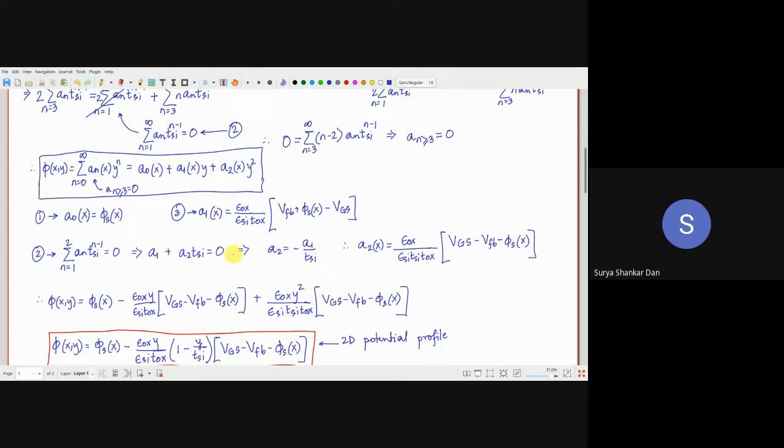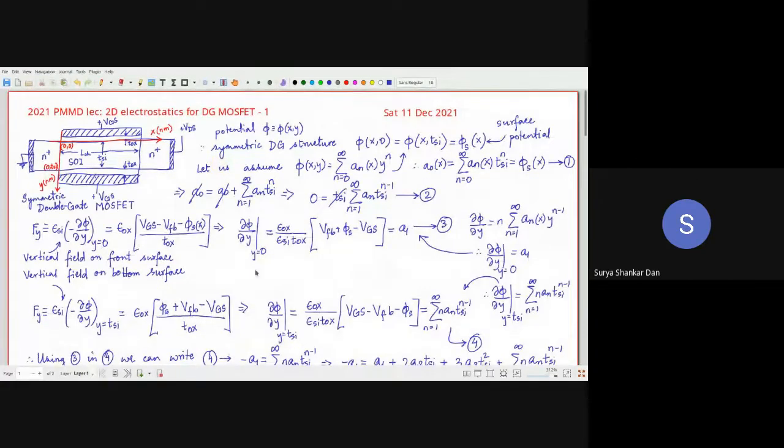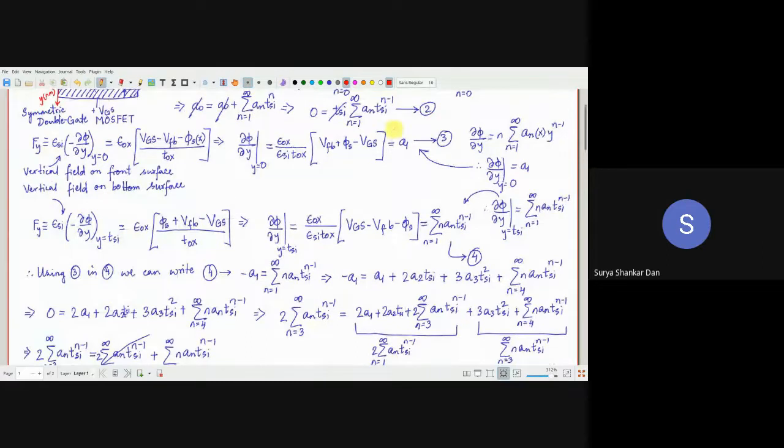After we get that, our objective will be to find out these three coefficients a0, a1 and a2. In the process of this derivation, we had already shown that a0 was equal to phi s. That was equation number 1. Then a1 was equal to this term.